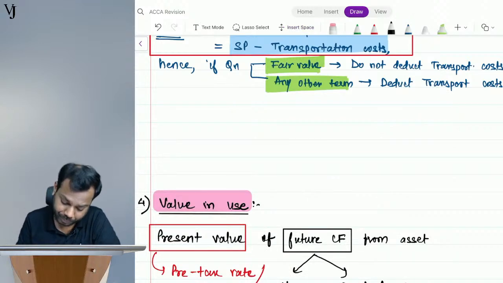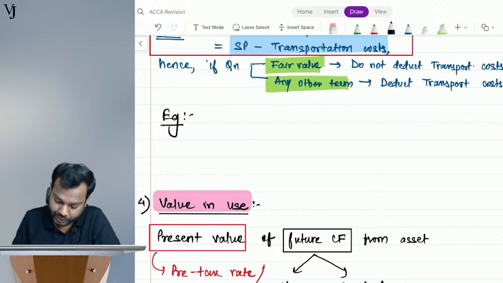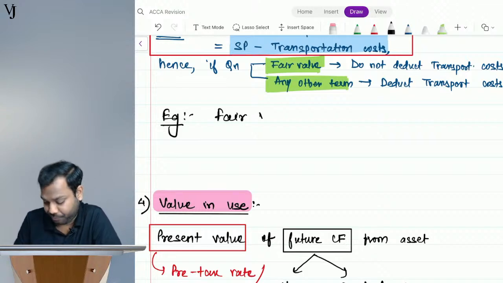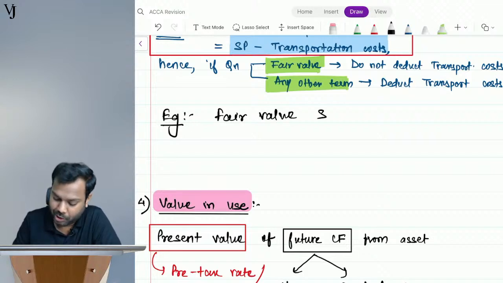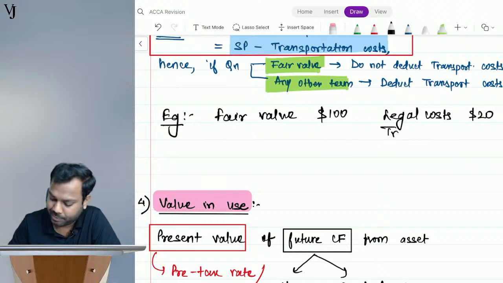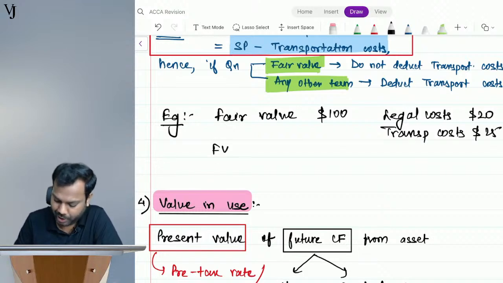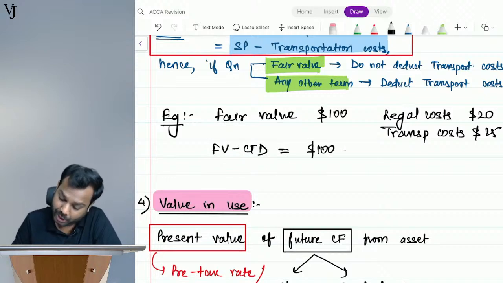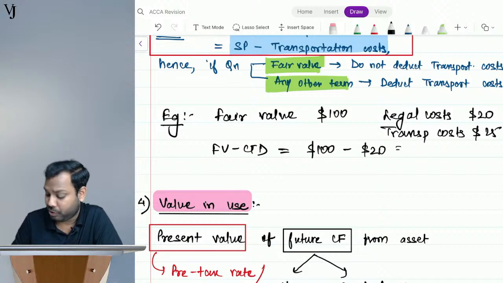Question says that fair value is $100, and legal costs is $20, and transportation costs is $25. So tell me, what is fair value minus cost of disposal? The answer will be $100 minus $20 equals $80.